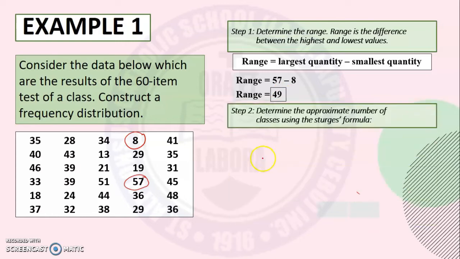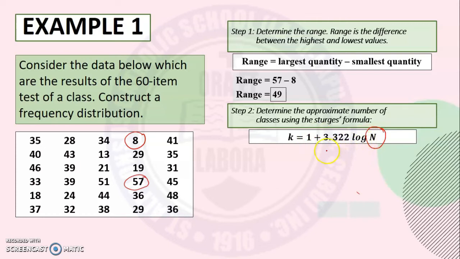Step 2. Determine the approximate number of classes using the Sturges formula. The Sturges formula again is k equals 1 plus 3.322 log n. So we need to solve for k, so we will copy first 1 plus 3.322 and find the value of n.